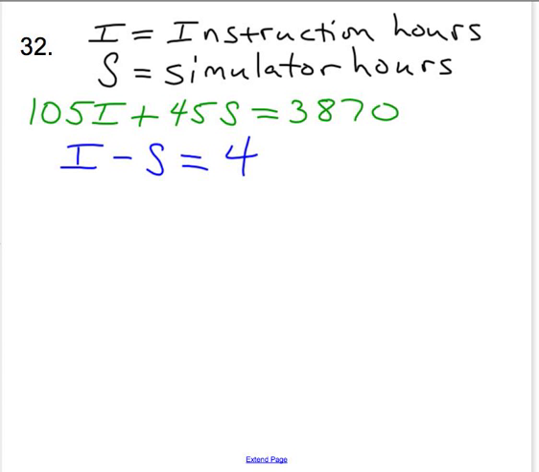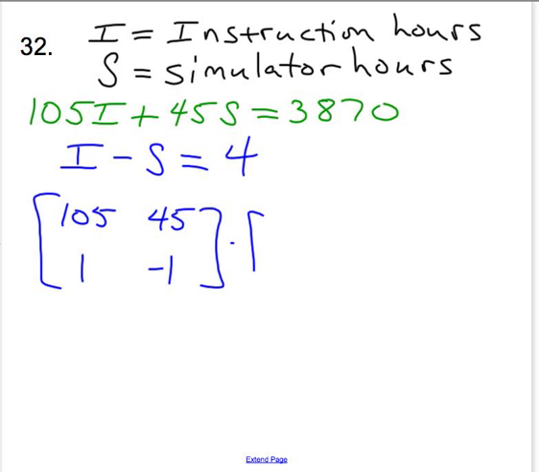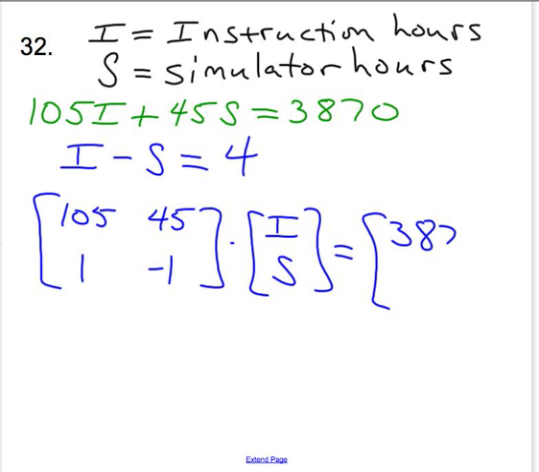I now have 2 equations for my 2 unknowns. I can create my matrix, say my coefficient matrix, 1 column for i's, 1 column for s's, my variable matrix, should be equal to my dollar value and my difference in times.